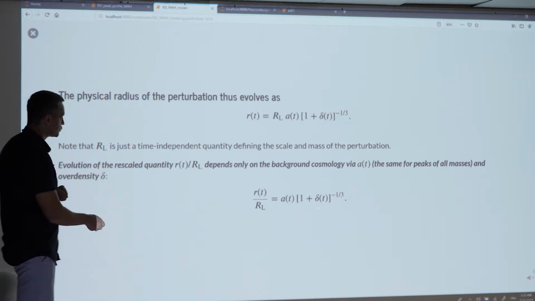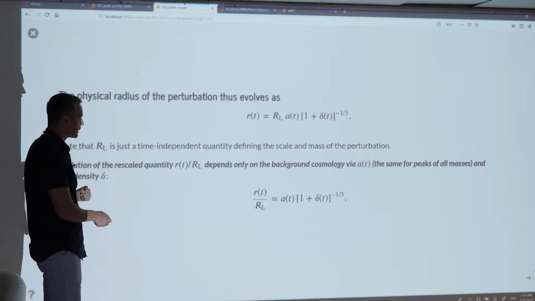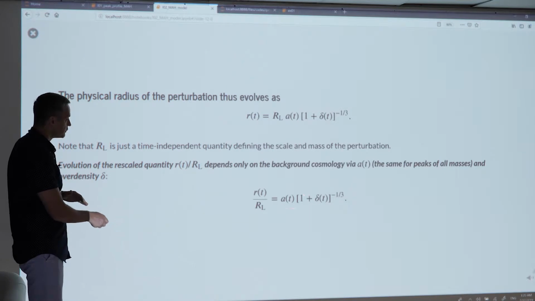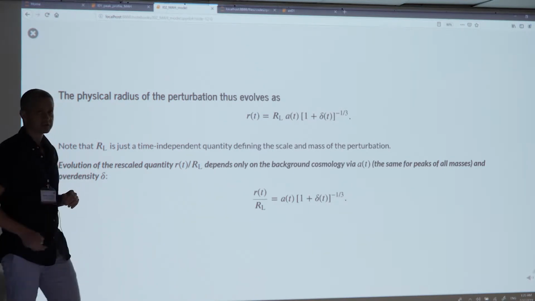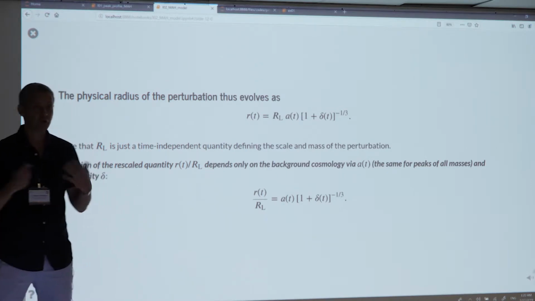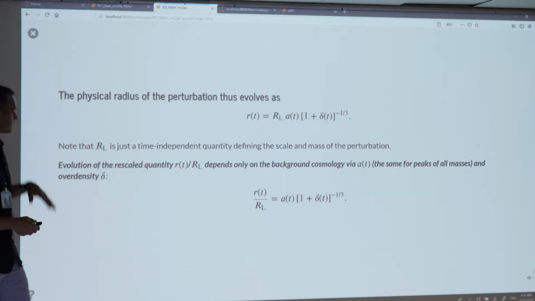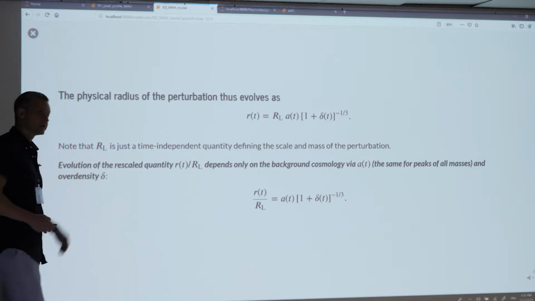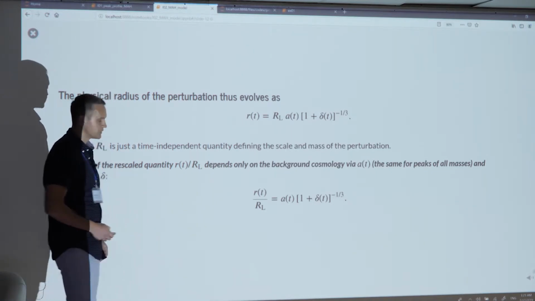If I write down this equation at initial time, R initial will be the expansion factor at initial time and delta at initial time. So the expansion of the universe at initial time will set this factor, and the overdensity at initial time will set the second factor. The only things that affect my evolution are background cosmology and the perturbation amplitude with which the perturbation started.